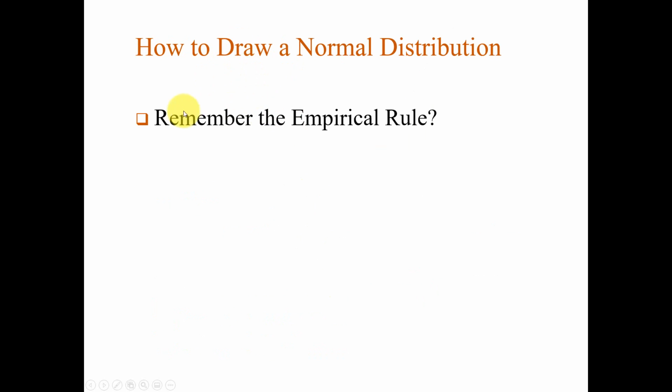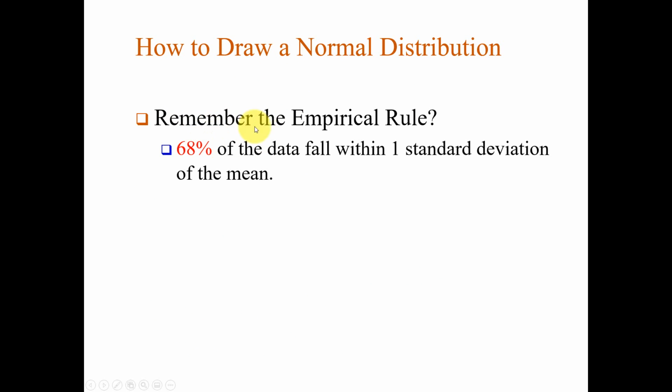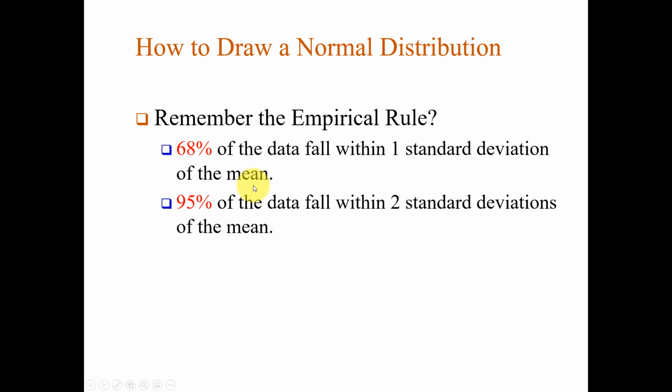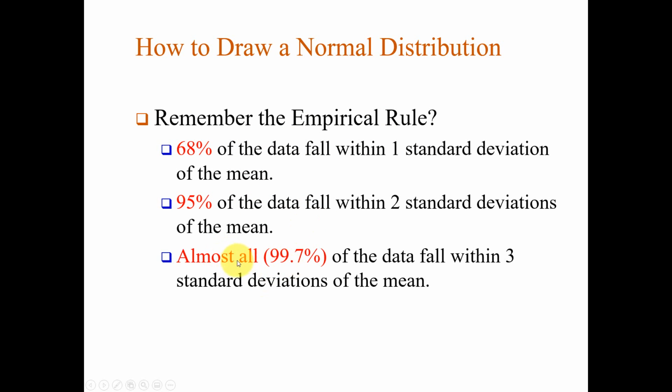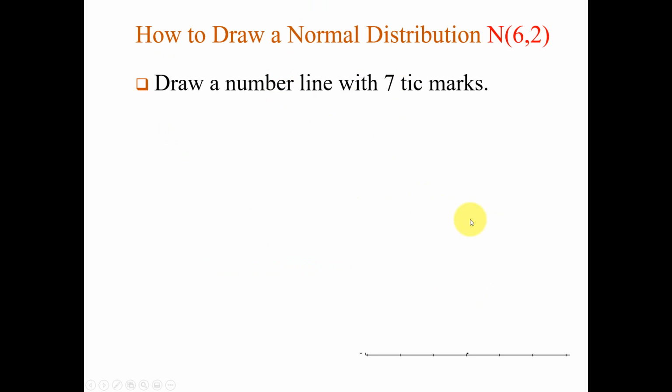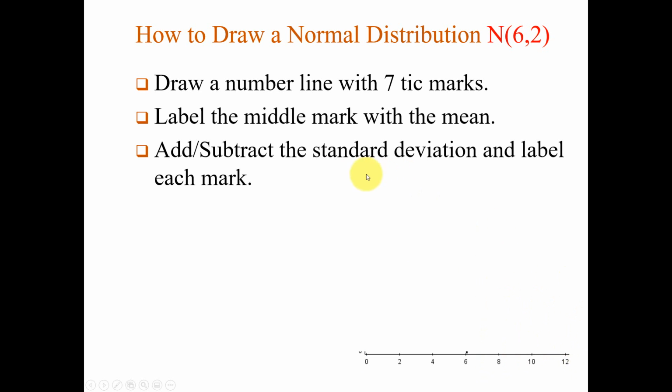Do you remember the empirical rule? 68, 95, 99.7. So 68 percent fall within 1 standard deviation, 95 fall within 2 standard deviations, and 99.7 fall within 3 standard deviations. How could we draw that? 7 tick marks. Right here's the center, then negative 1, 2, 3 standard deviations and positive 1, 2, and 3 standard deviations.